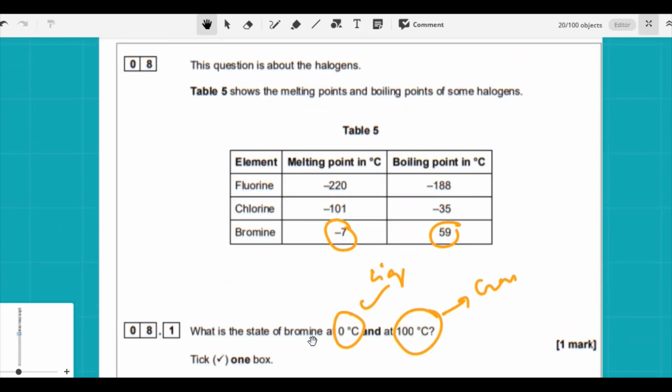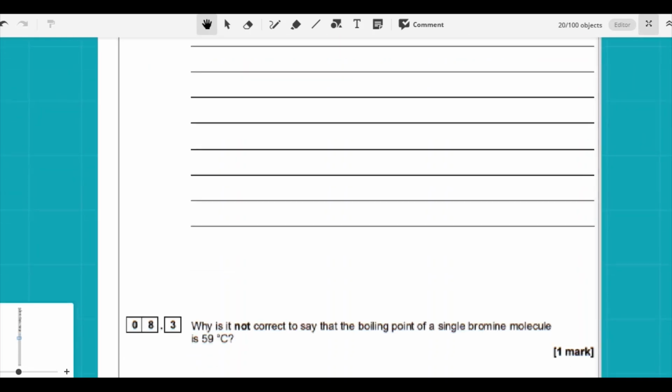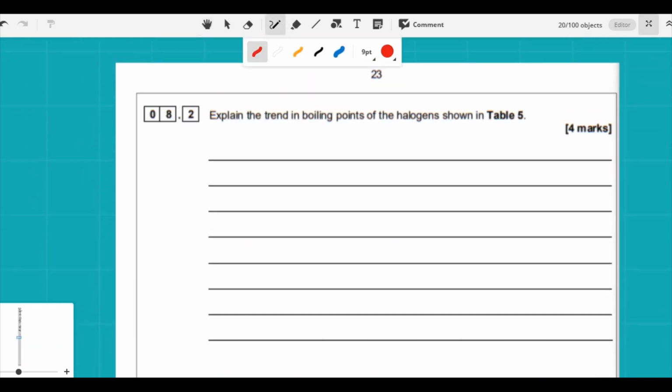So you can see here the boiling point increases as we move from top to bottom: fluorine, chlorine, bromine, iodine, astatine. Why? Because here you can write the first one, that it increases from top to bottom. Why?